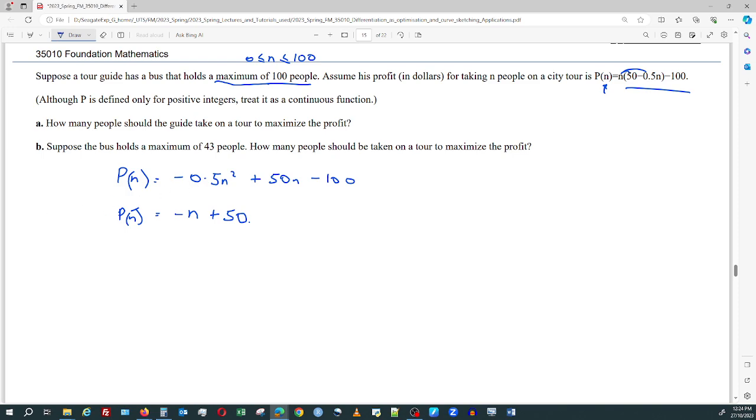It's a negative n, so it's a decreasing line, so that's interesting. So it's a max. We want to set P'(n) to 0 and solve.